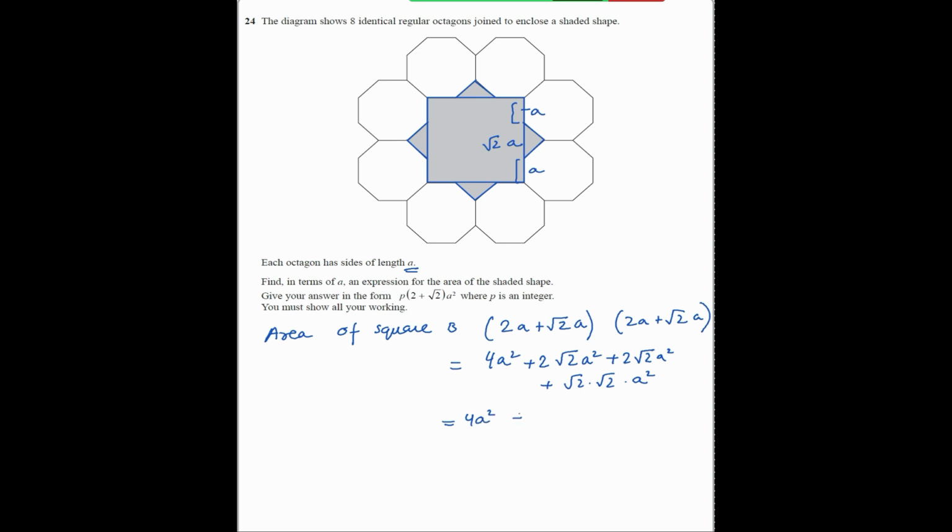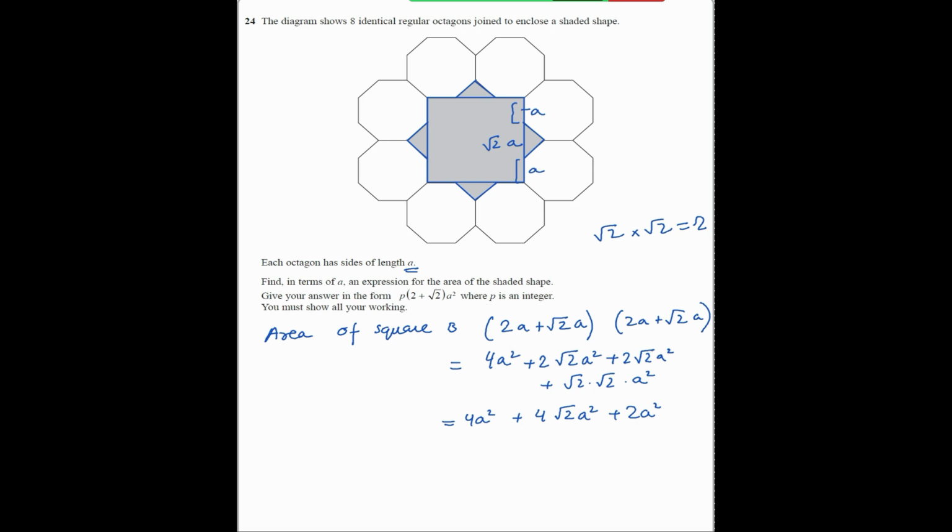If we simplify, 2 square root 2 a squared plus 2 square root 2 a squared would be 4 square root 2 a squared. And square root 2 multiplied by square root 2 equals 2.